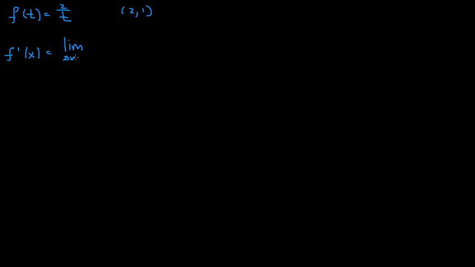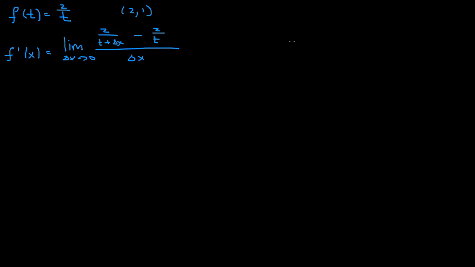So I'm going to say f of x plus delta x. So that's 2 over, I should say t plus delta x, since we're a function of t, not x. So f of t plus delta x minus f of t, so 2 over t, all over delta x.